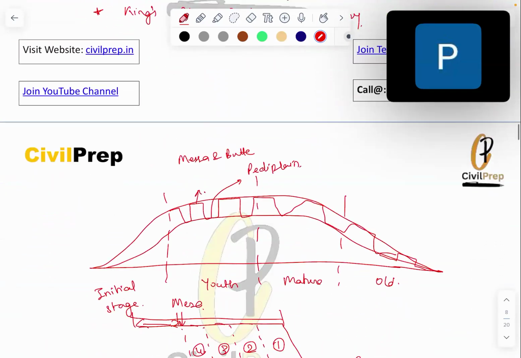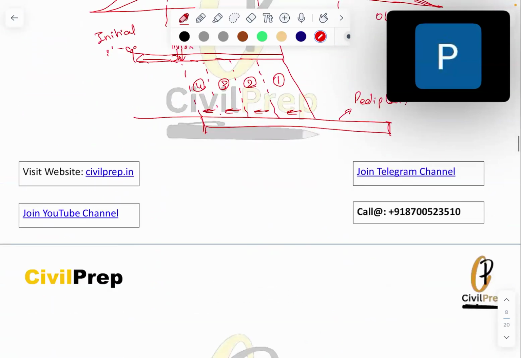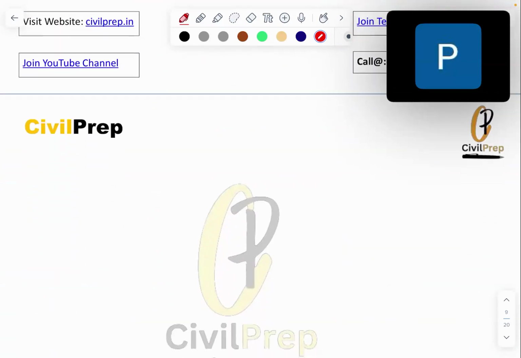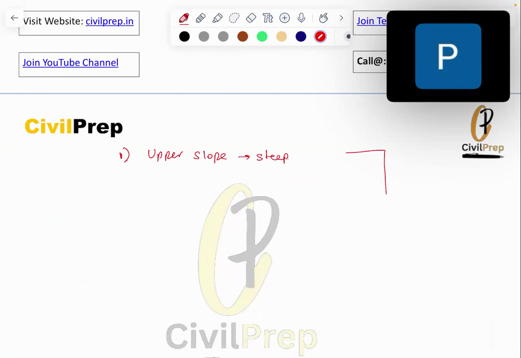Okay. Now, second thing, we need to provide certain postulates of this theory. That is, number one, the upper slope, which is steep, and here we have a free face.